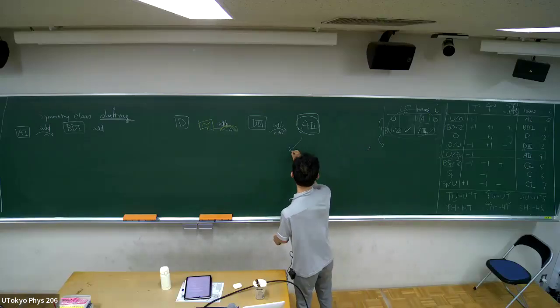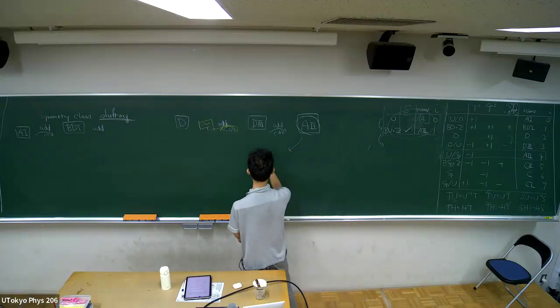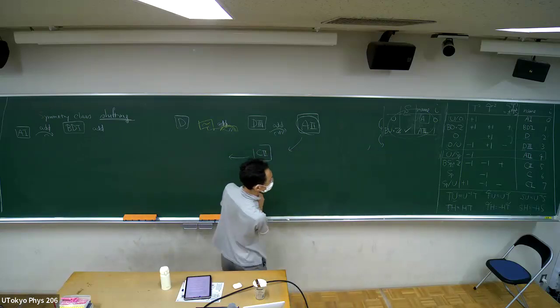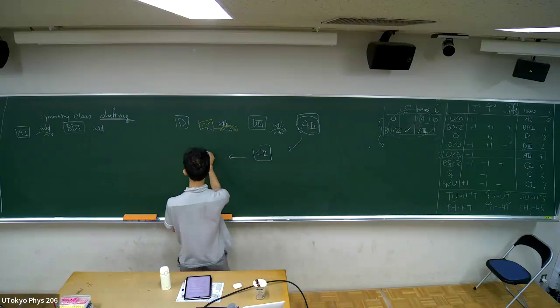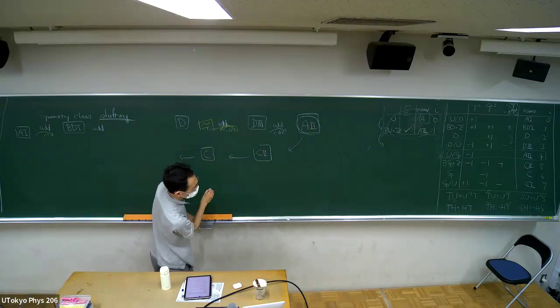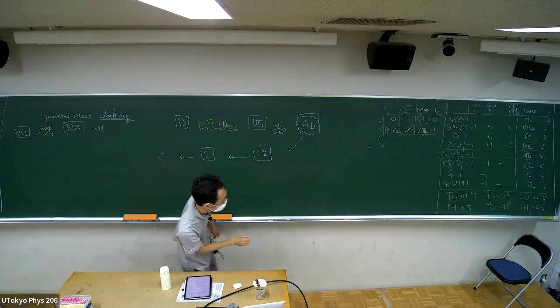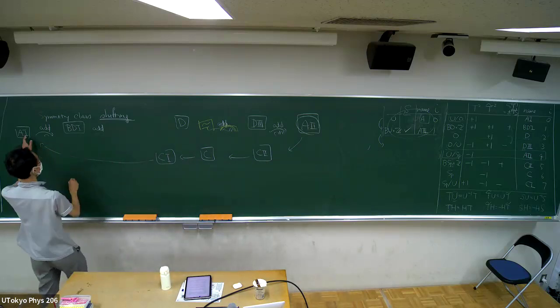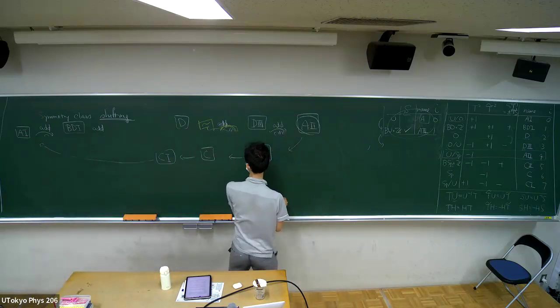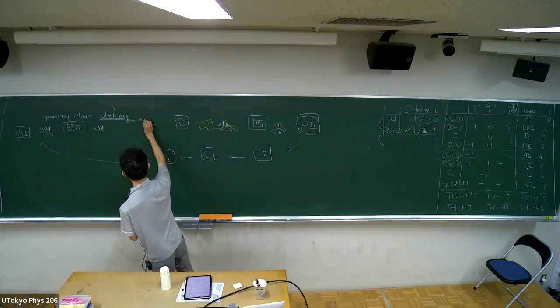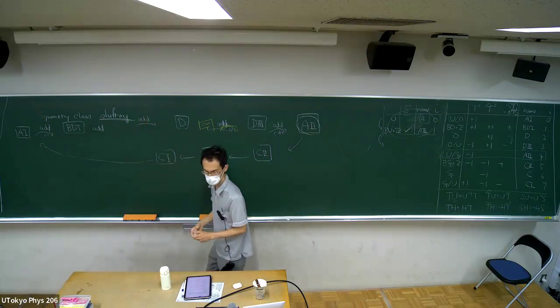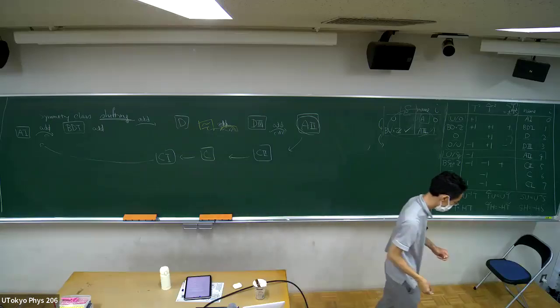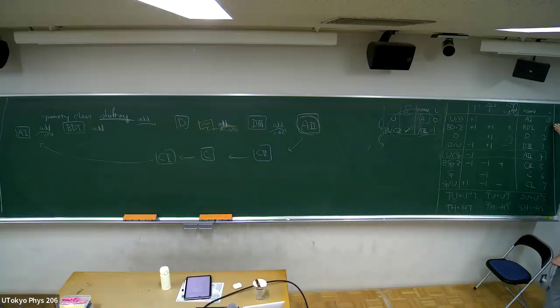So A2 becomes C2, which becomes C, which becomes C2, C1, and A1. 1, 2, 3, 4, 5, 6, 7, 8. So that's the symmetry shifting. It's very easy. Now you understood why they are ordered in this manner.